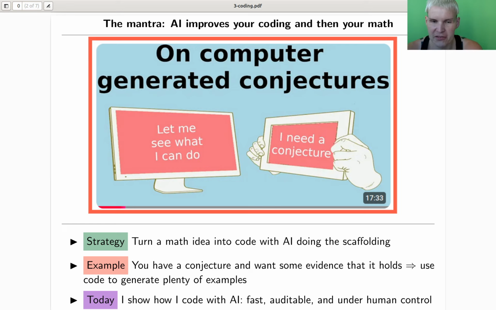The strategy is always that you should turn a math idea into some code. Maybe you want to double check something, maybe you have a conjecture, maybe you need some examples. You can use AI to generate code, and the good thing is that you don't need to know a lot about coding. AI will do most of it.